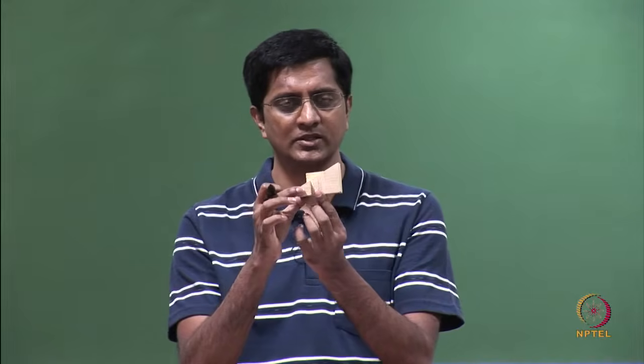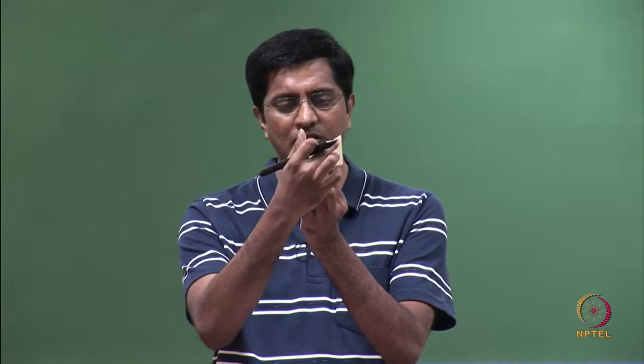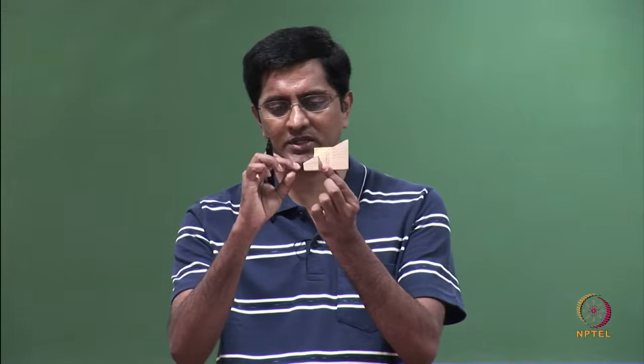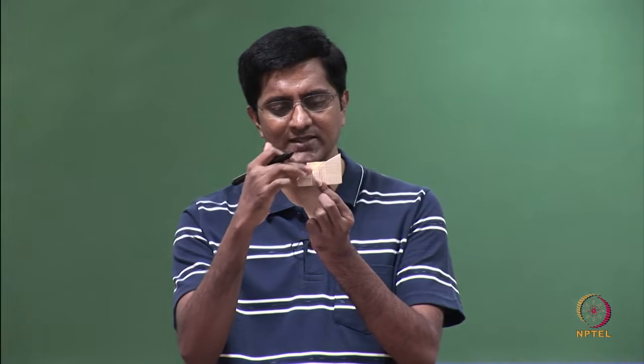What is next? After this you look at this edge to the left and the other edge to the right, and these dimensions are already given. The smaller edge is height 12 and the longer edge is the overall height, which is 50. Once you have the left edge and the right edge, next you just join these 2 points to get this inclined line.